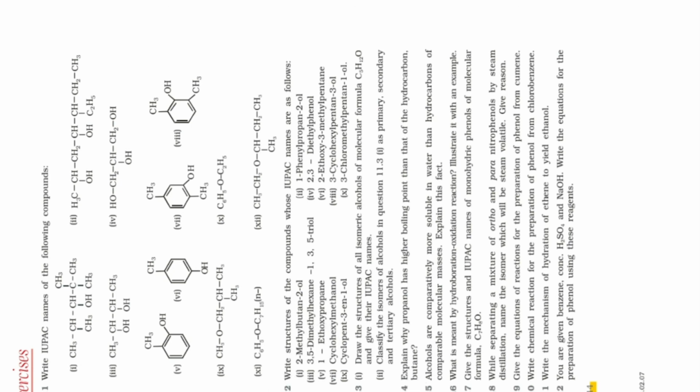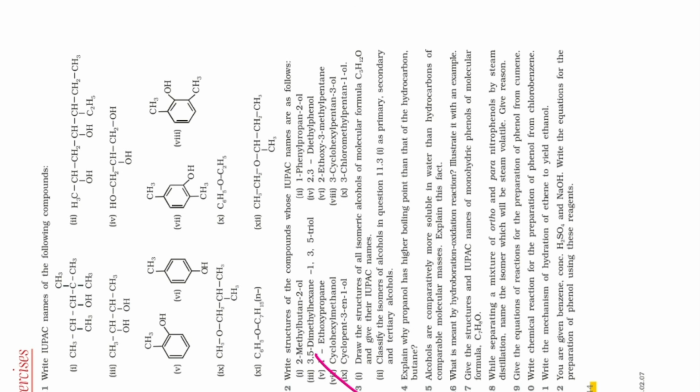Then after that you have question number 11.3, draw the structures of all isomeric alcohols with the molecular formula C5H12O and give their IUPAC names also. Okay, what they are asking, give their IUPAC names also.